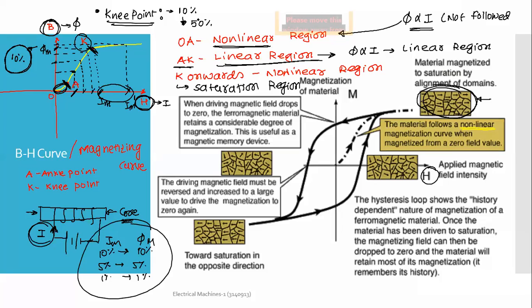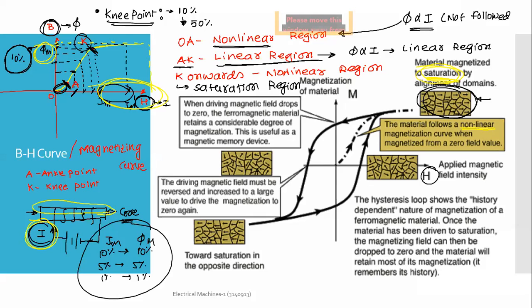And if you continue, you can see the region becomes flatter here, and then it will require a large magnetizing current to establish a very small flux in the core. That means your material has saturated now. Any additional force will not make much difference in the flux in the core.